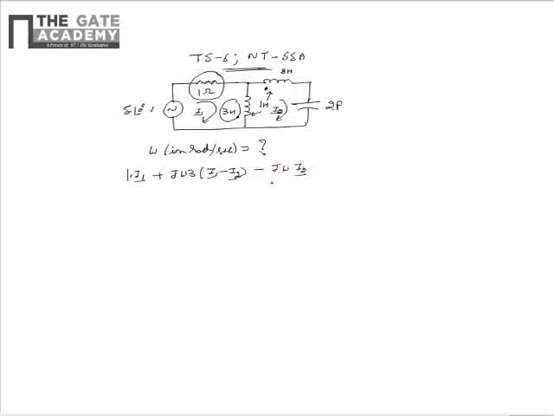Please note that the term minus j omega I2 corresponds to the mutual inductance. This should be equal to 5 at a phase of 0 degrees volts.